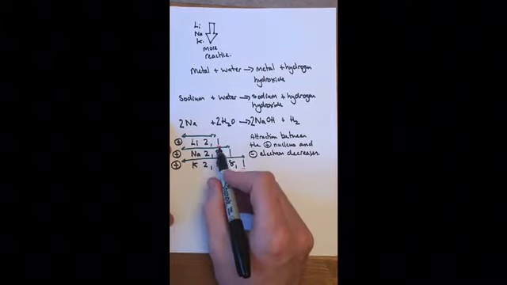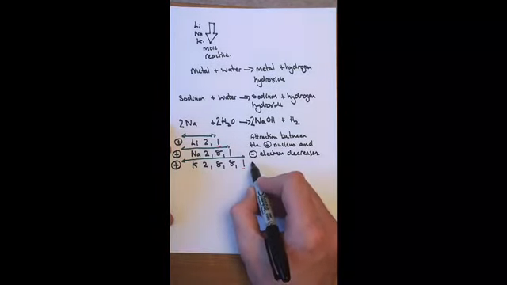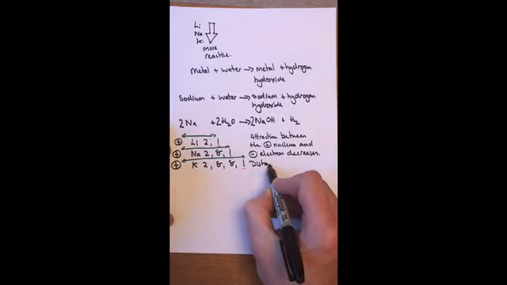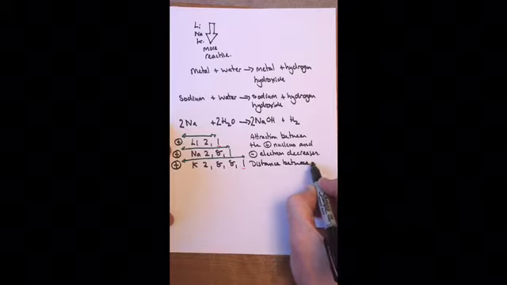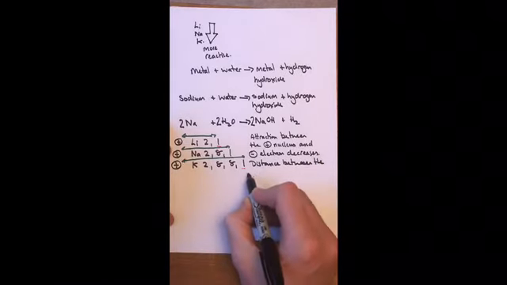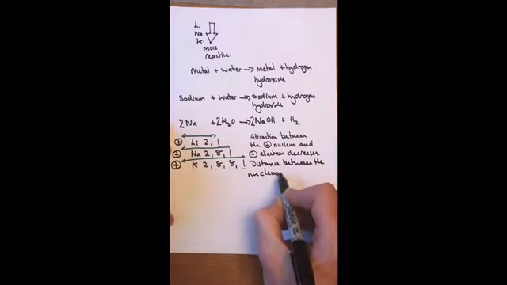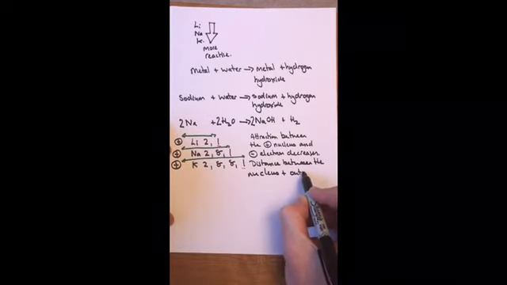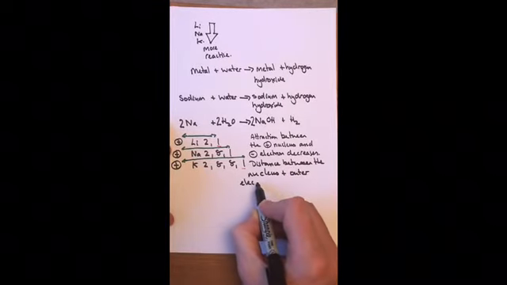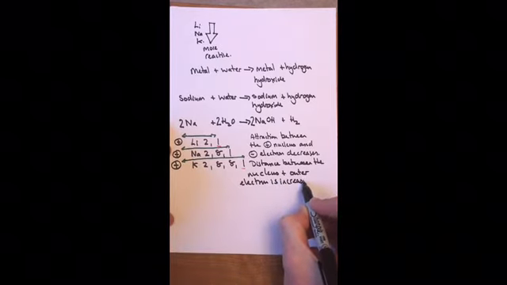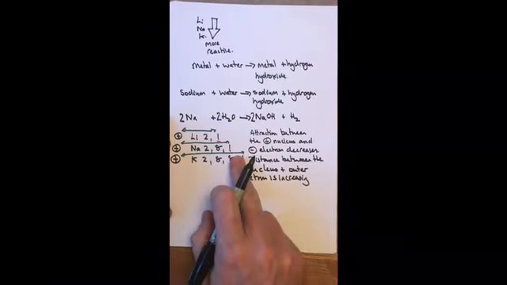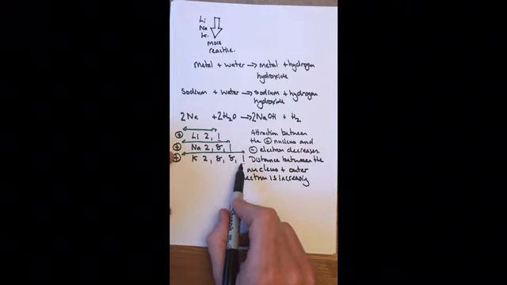Because the distance is increasing. So this happens because the distance between the nucleus and outer electron is increasing. And if that distance increases, then it's going to be easier to lose this outer electron.